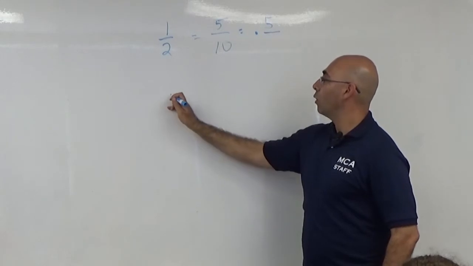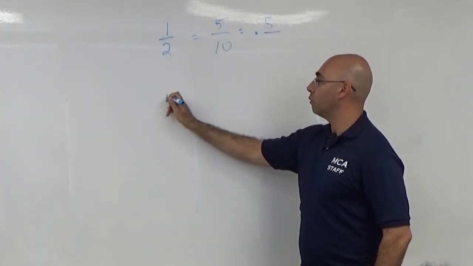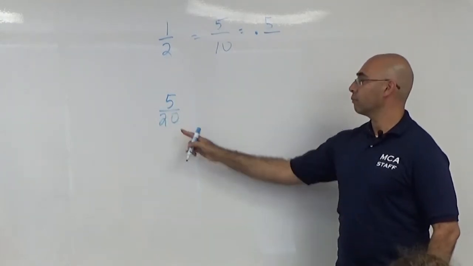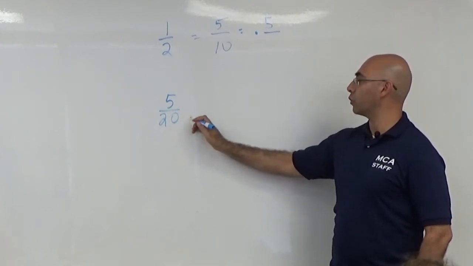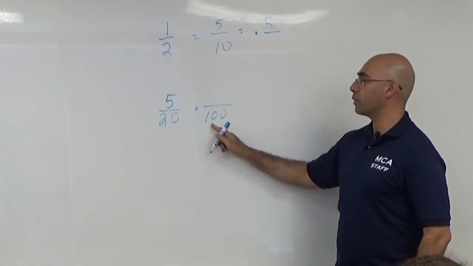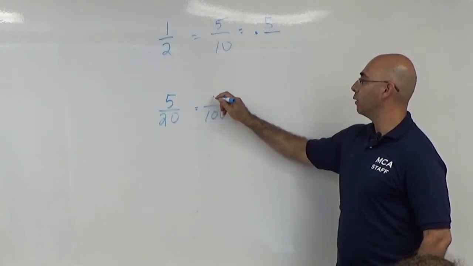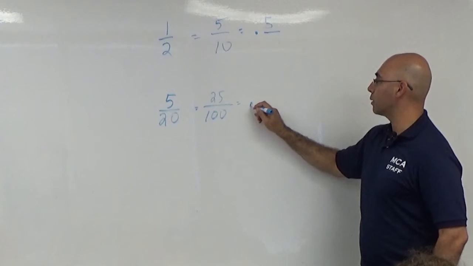If I had, let's say, 5 over 20, I can turn that into a 100. 20 times what is 100? 5. And what's 5 times 5? 25. So my final answer is point.